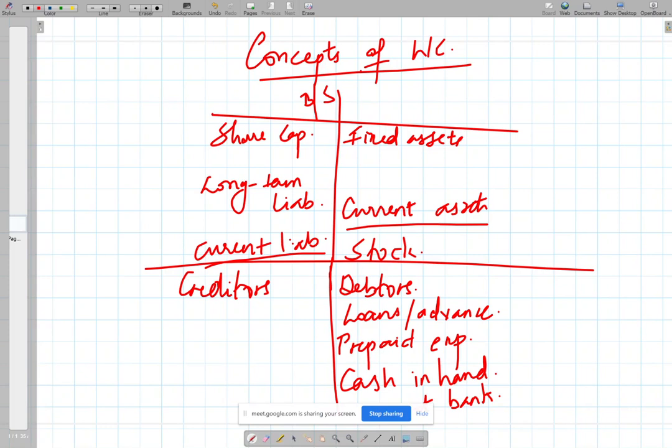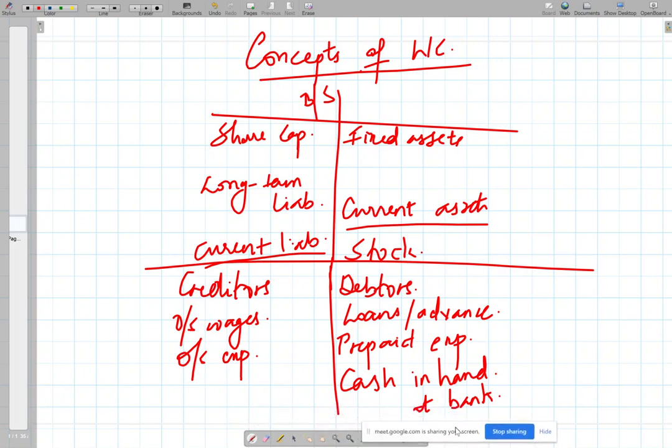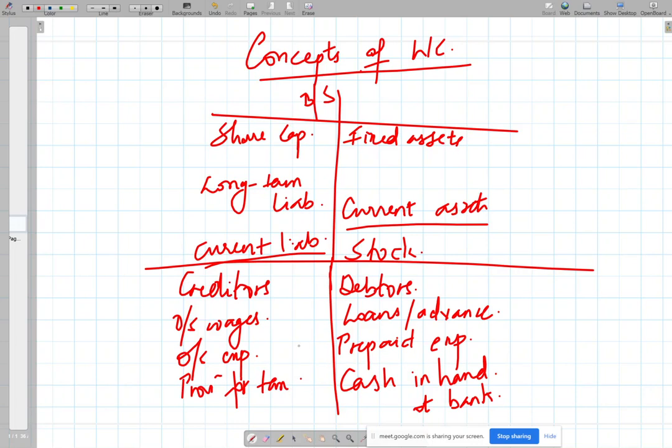Then say we have any outstanding wages, salaries, any other outstanding expenses that we have not paid to any of our creditors, people who have provided us services, people who have provided us any type of goods and we have not yet paid them. Then say you have provisions for taxation, proposed dividend, all of these come under our current liabilities.